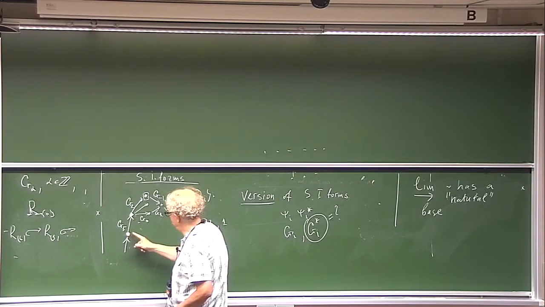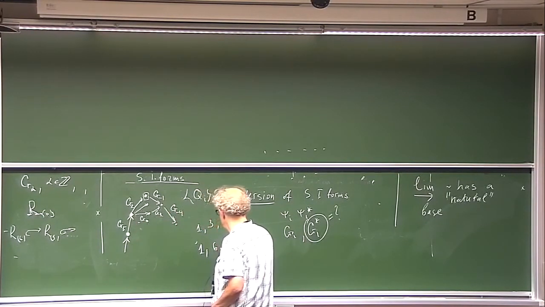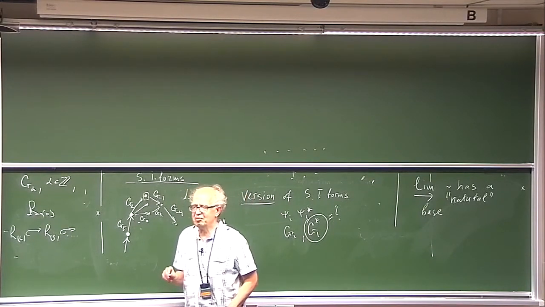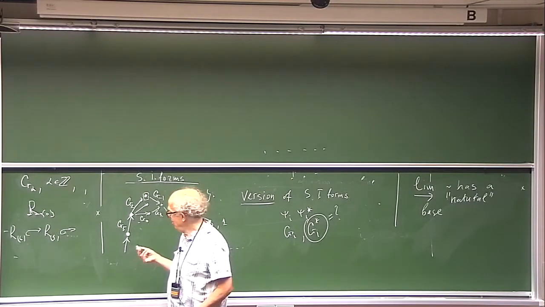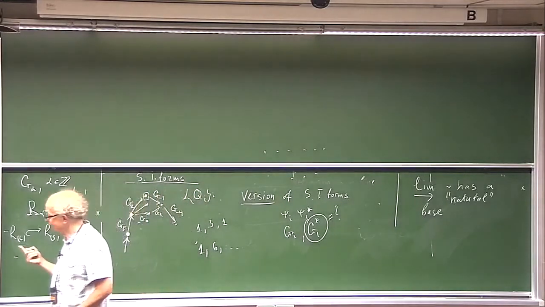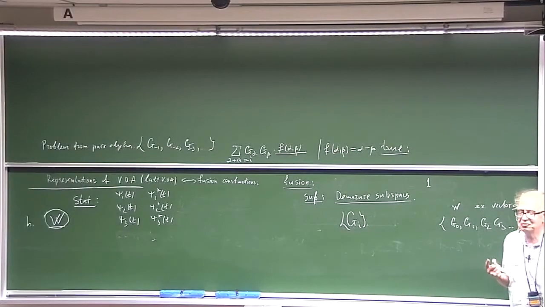I can act by 0, by 1, by 2, by 3, by 4, and it will be 6, and then it will be something. So we get sub-representations, and these sub-representations are representations of G0, G1, G2, G3, and so on.